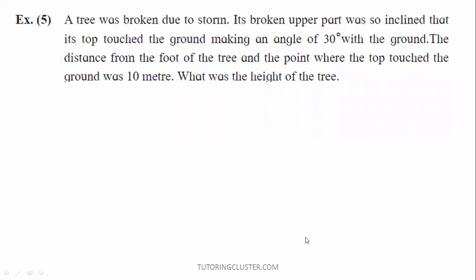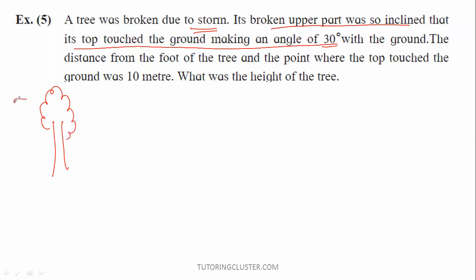The last one. The tree was broken due to a storm. Its broken upper part was so inclined that its top touched the ground, making an angle of 30 degree with the ground. Okay, so there is a tree. Due to the storm, it was broken and it has rested like this.